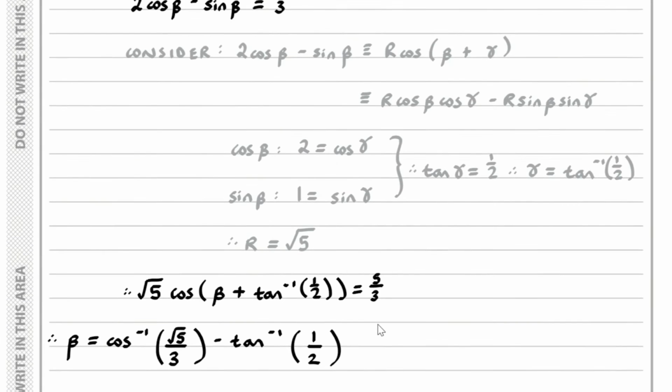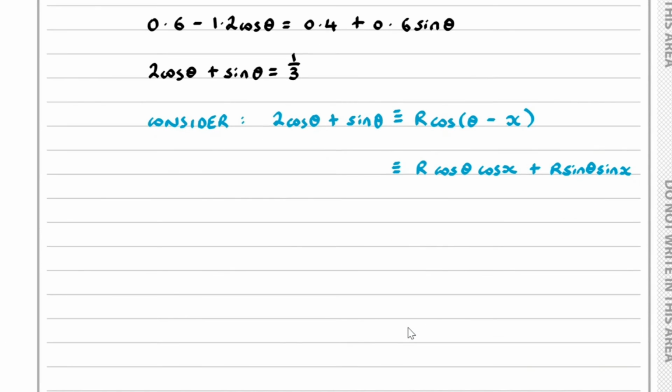And so comparing the cos thetas, we've got 2 equals R cos x, and if I compare the sine thetas, I've got 1 equals R sine x.